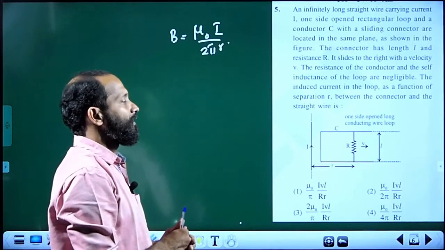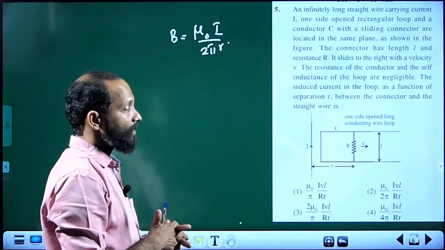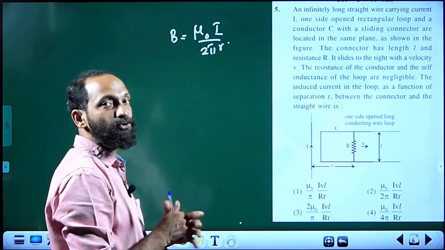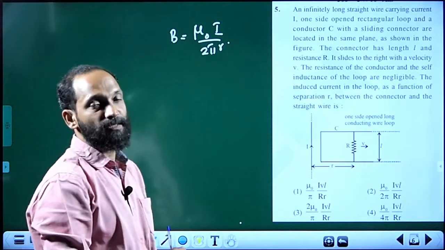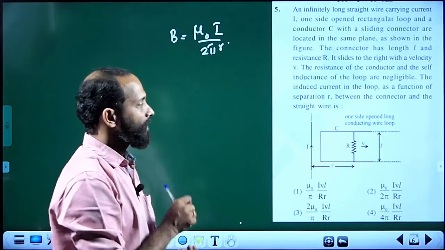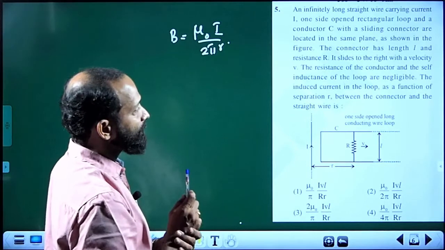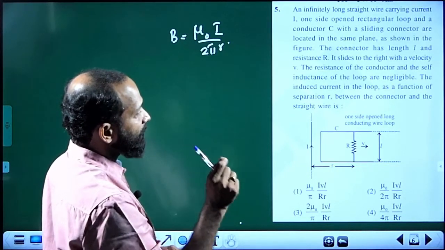Then the instantaneous velocity is v, that is, velocity is constant. Now the conductor is moving in a magnetic field, which definitely induces motional EMF. So the concept is motional EMF. When a conductor is moving in a magnetic field, the EMF is motional EMF. Now what is the formula for motional EMF? Motional EMF is given by magnetic field times velocity times length.